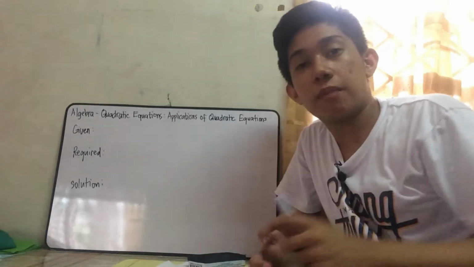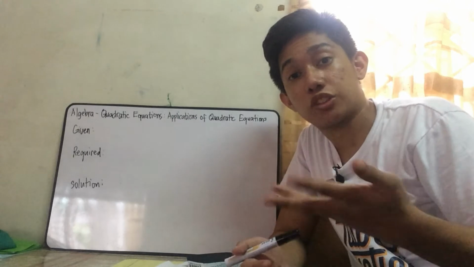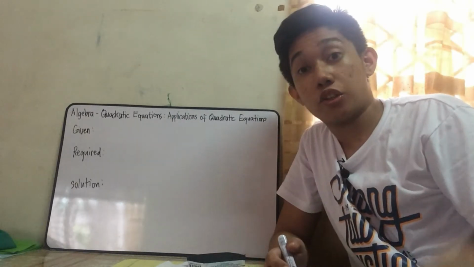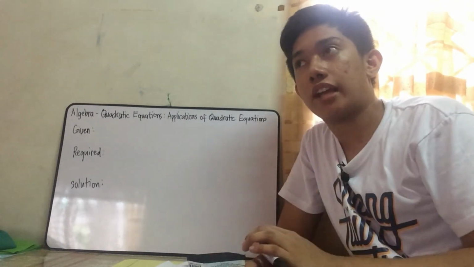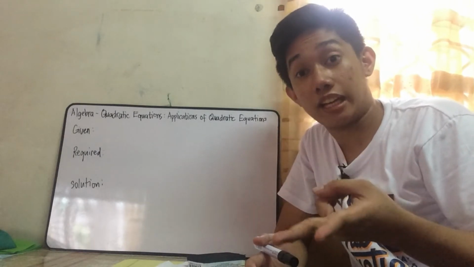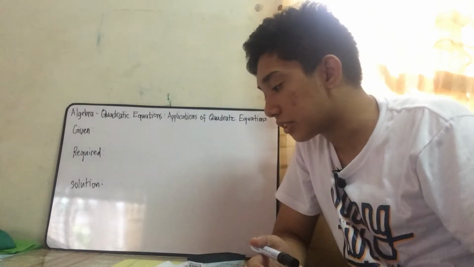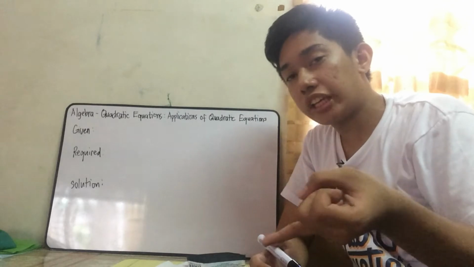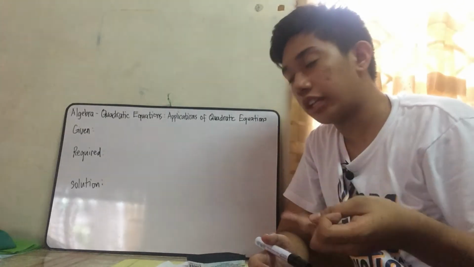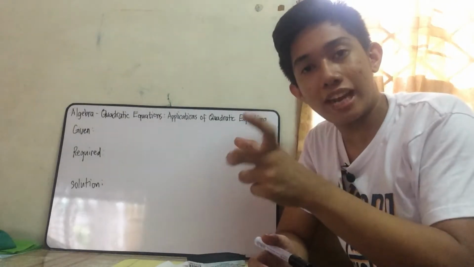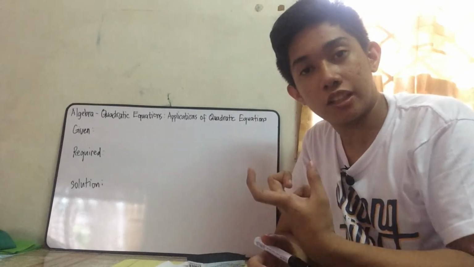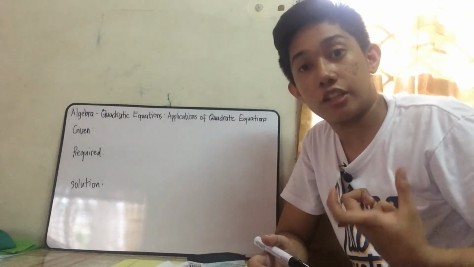So in this problem, guys, we are tasked to find the length of the shorter leg and the longer leg. It means meron na tayong given na hypotenuse and meron din tayong condition na ang longer leg is 7 feet longer than the shorter leg.